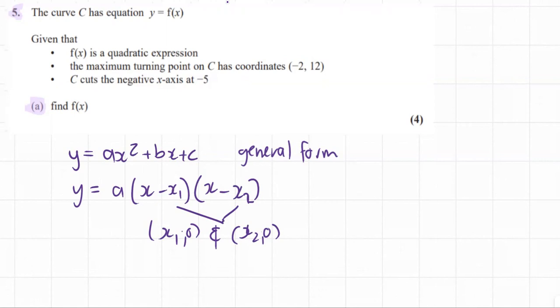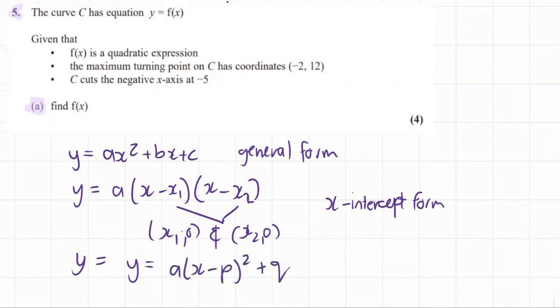Then the third way we can write quadratic functions is turning point form, where you can read the turning point directly off the form. It's just a square that has been completed.